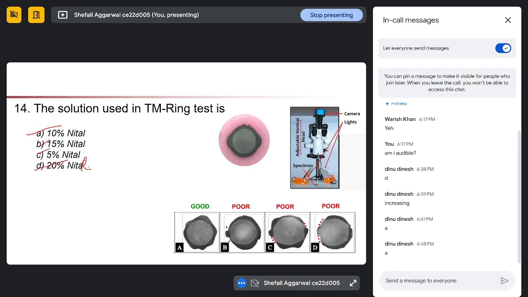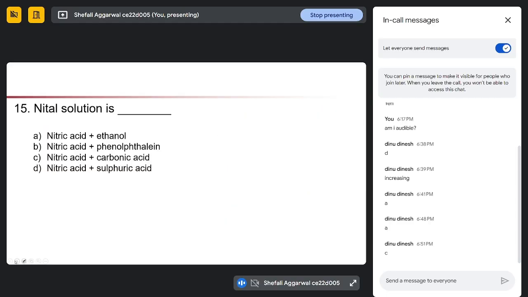Anybody remember? C. Correct. So we are making nital solution with 5%.